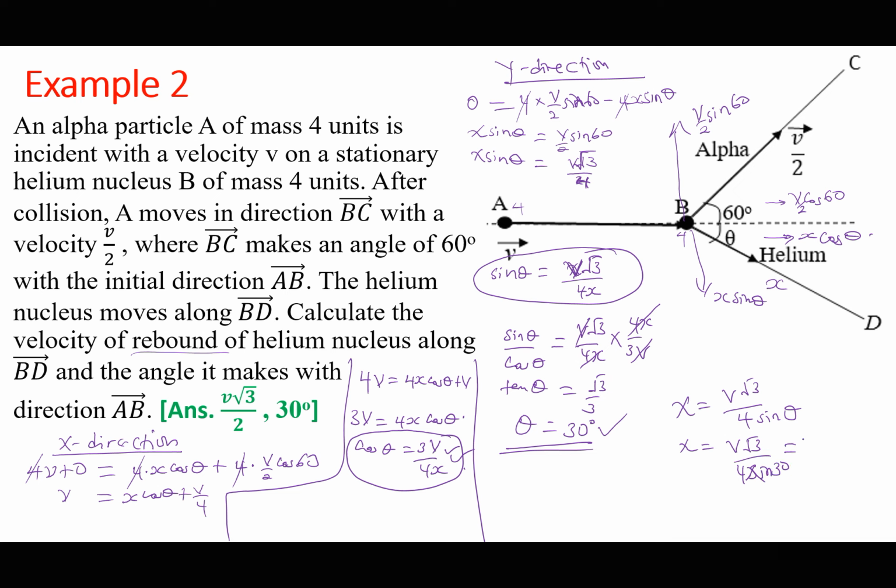So this becomes v root 3 divided by 4 times a half. So x becomes root 3 over 2 times v. Root 3 over 2 times v, that is x.